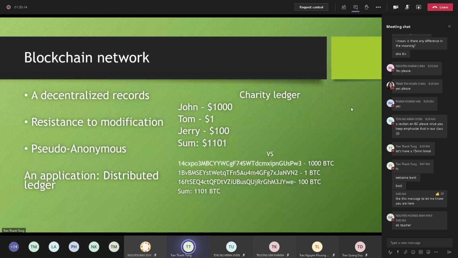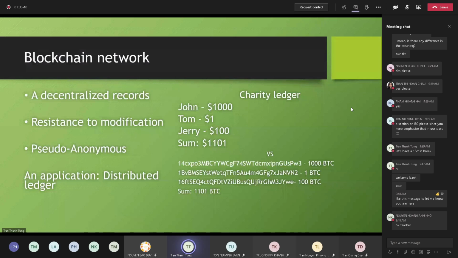If we have John here, and you modify the last character n to uppercase N, the hash value will change totally, and people can easily detect that there is some modification of the original message.